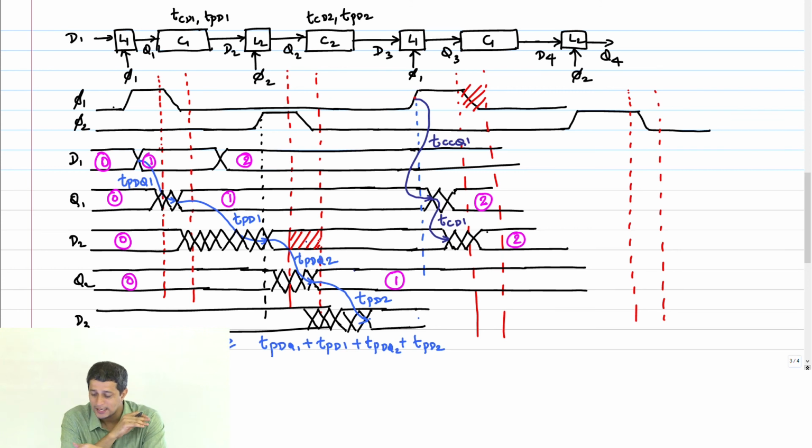Which means that this change of TCCQ1 plus TCD1 should happen outside the hold window. Correct? So what is the constraint that I can write for that? By the way, this delay is what? T non-overlap.